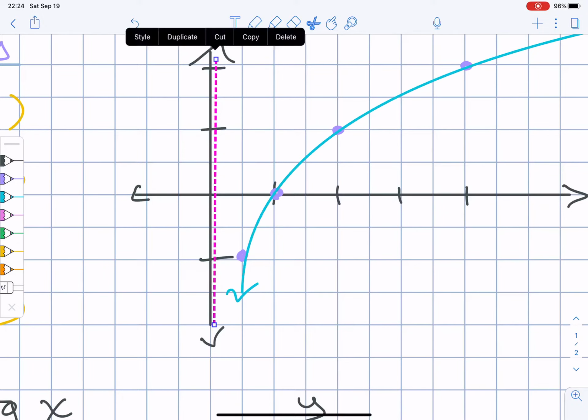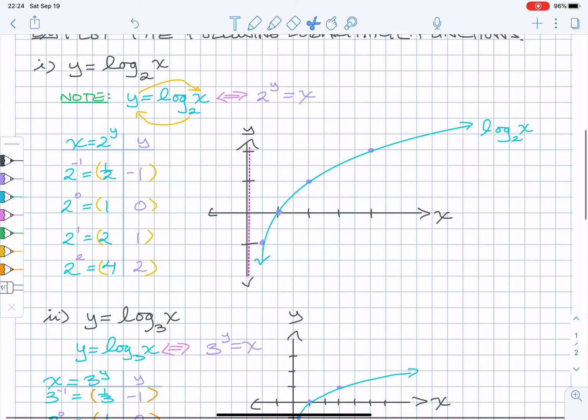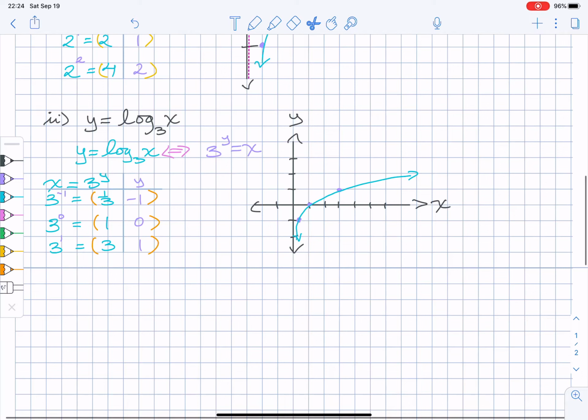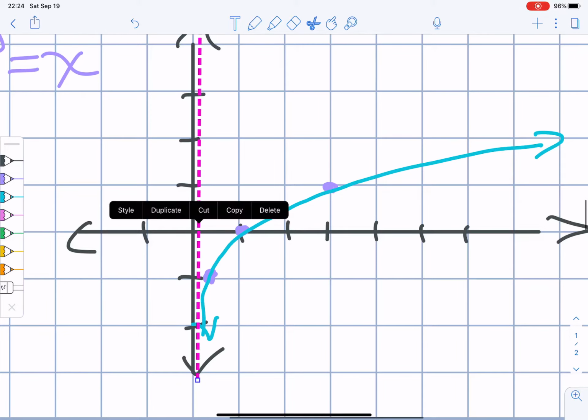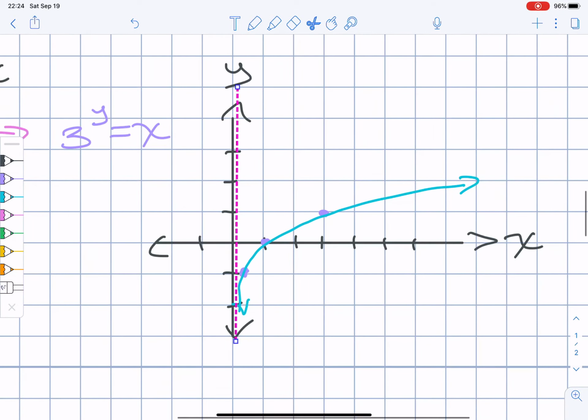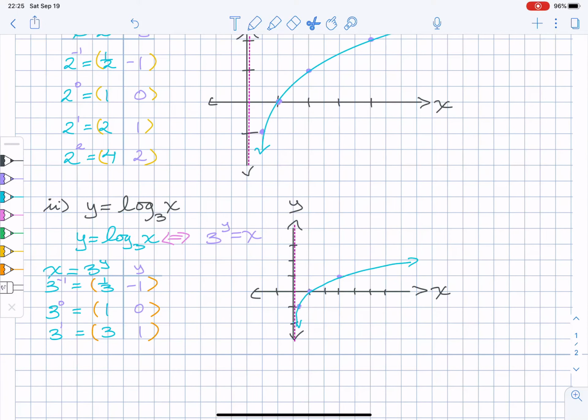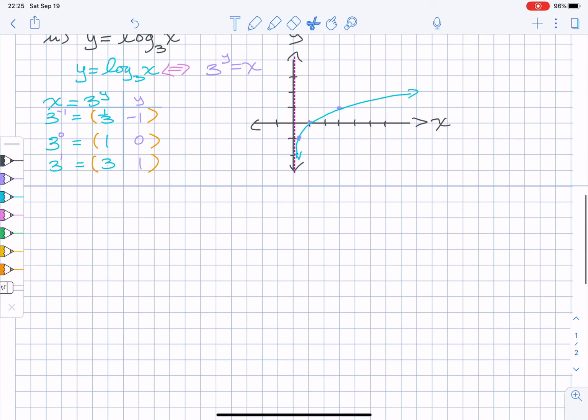So there's my vertical asymptote. Both of these have a vertical asymptote along the y-axis, right? And it's because these are inverses of the exponential functions, which have horizontal asymptotes on the x-axis.